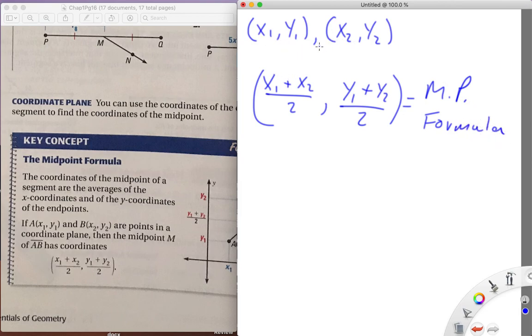It doesn't matter which number I call my x1s and my x2s or my y1s or my y2s, they should get you to the same place.